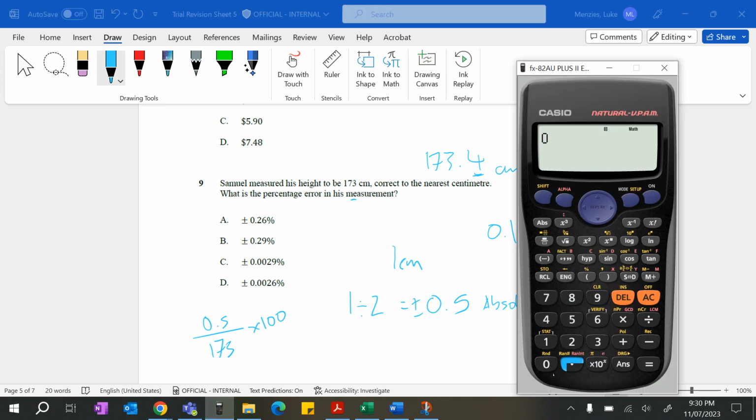So 0.5 divided by 175. Okay. Oh, no. And now if you look at it here, you can see why C's in there.